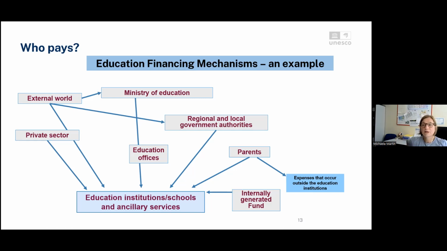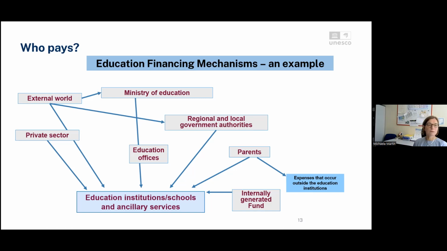So just to show here, of course, we will have funding that comes from the Ministry of Education that goes possibly via decentralized units like the education offices directly to educational institutions, schools, but we may have also direct private sector contributions directly to schools. We could have also international NGOs that are funding schools directly.